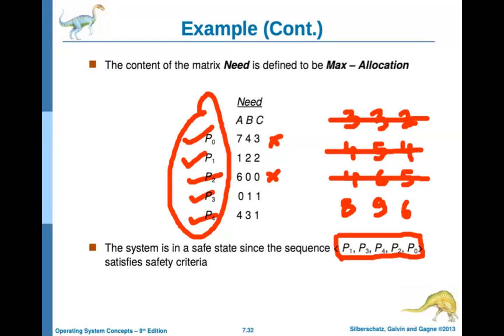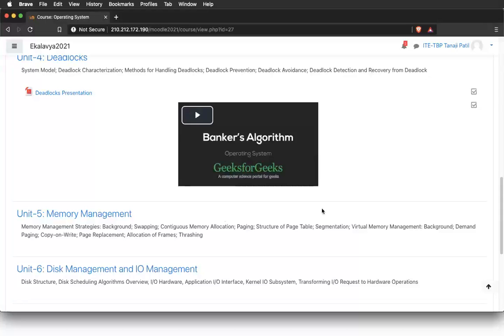Those resources I just added in the morning. So I'll go to Operating Systems. Let me share the screen first. Share the Brave browser, right? And this is the algorithm.